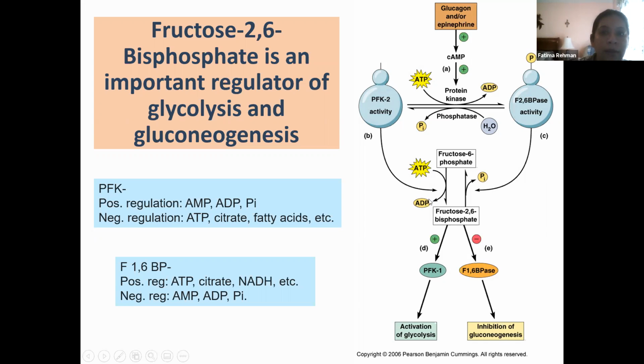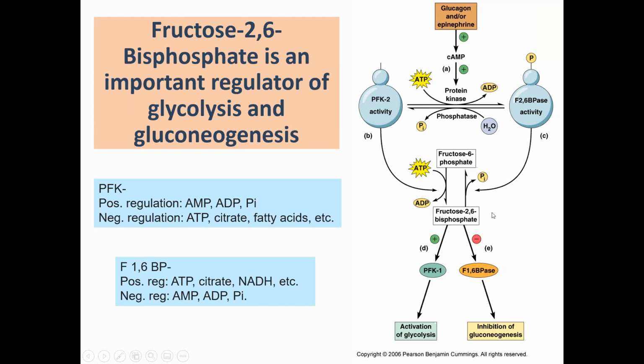So the more activation of this pathway occurs, the more glucose is going to be broken down and the less gluconeogenesis will happen. Does that make sense? Right, so the activation of this pathway leads to activation of glycolysis and more energy being produced by the cell.